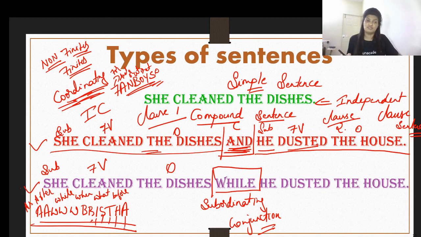All these conjunctions are called subordinating conjunctions. You got to remember this acronym that I have given to you. That is going to help you.